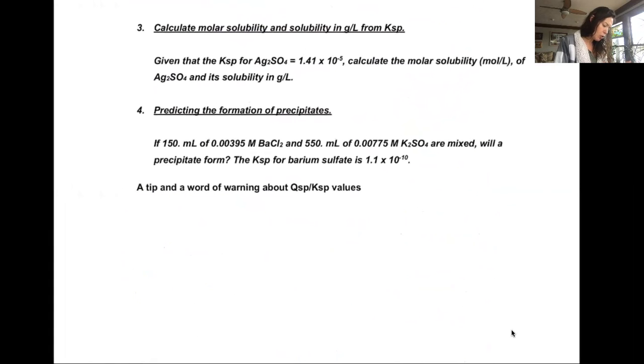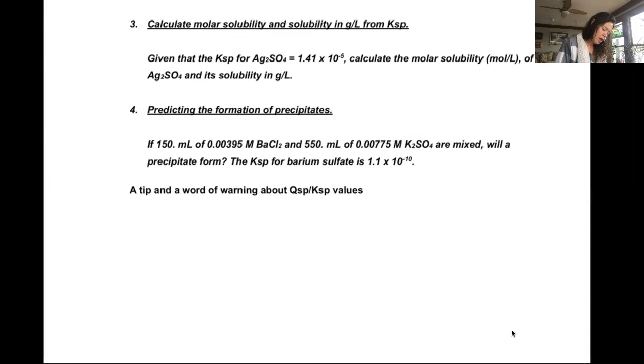Calculate molar solubility and solubility in grams per liter from Ksp. Given, I see that we're dealing with silver sulfate. As soon as you see Ksp, you probably want to think about that dissociation equation.